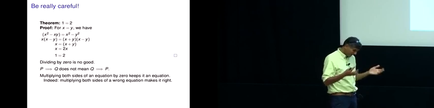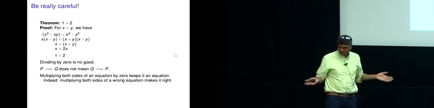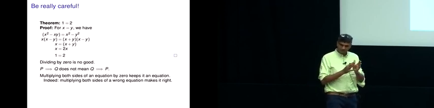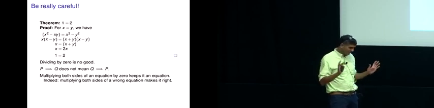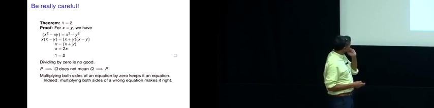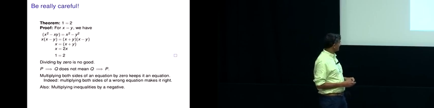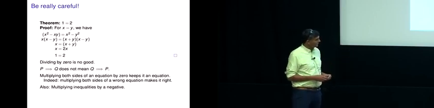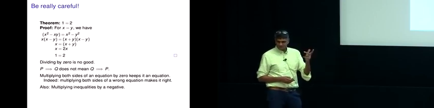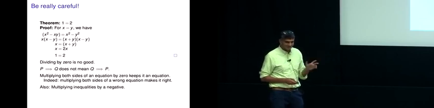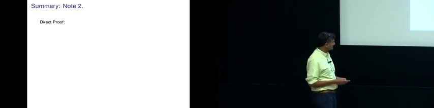And we're going to use exactly this fact in error correction. It's going to be shocking and amazing, but that's later. But yeah, you've got to be careful with 0. And multiplying inequalities by a negative is also a problem. It switches the directionality. So these are other arithmetic mistakes.